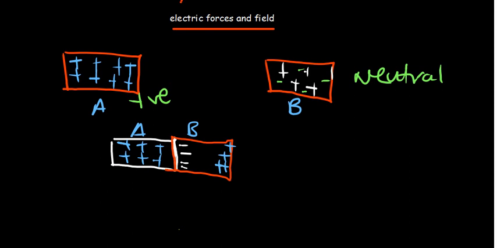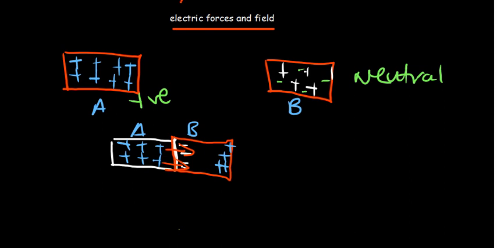So these guys will start moving there. We have a lot of protons on that side in B. If these guys are migrating from point A to B, we are going to have a lot more positive than negative in B.